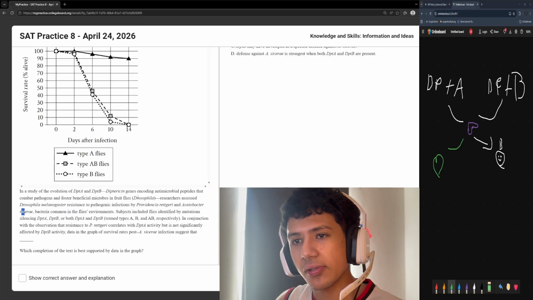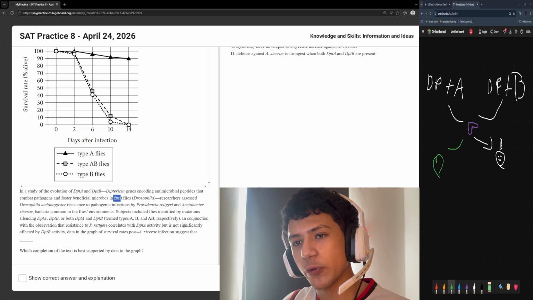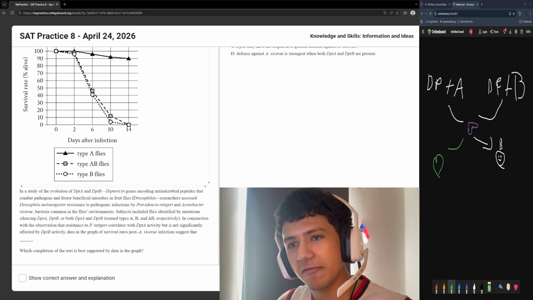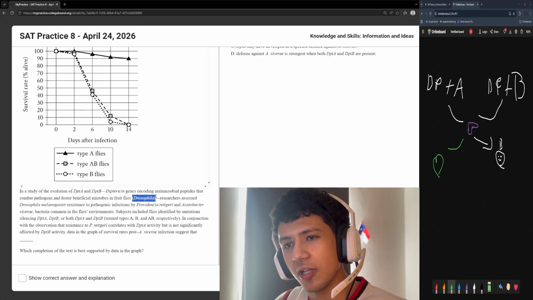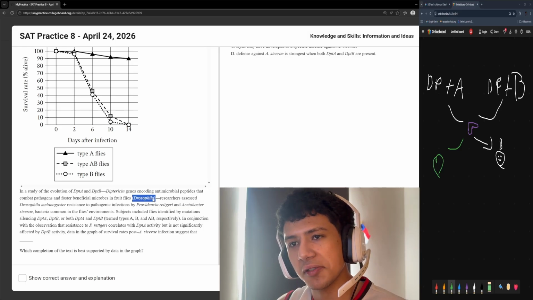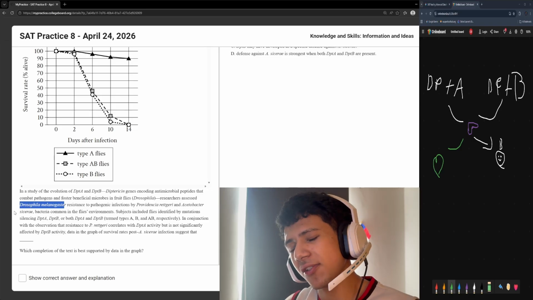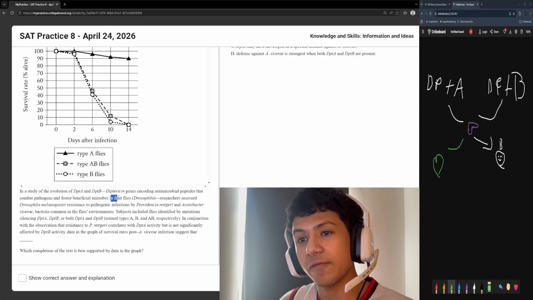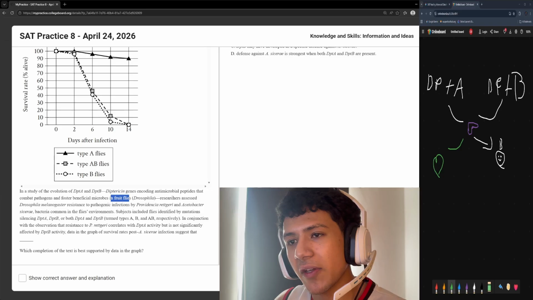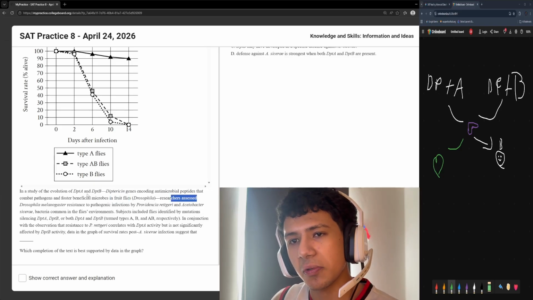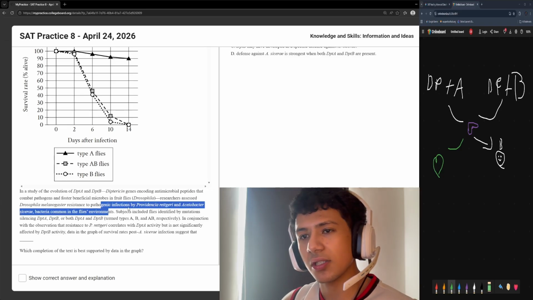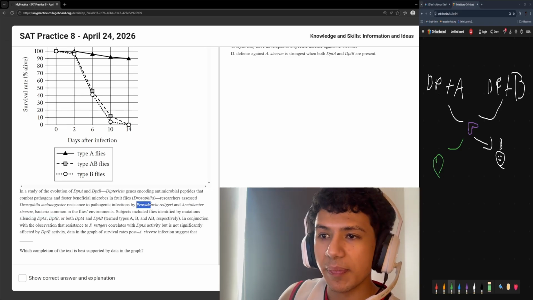By the way, I just realized, so when we mention fruit flies in here, right after that we have in parentheses Drosophila, the scientific name for the fruit flies. So this tells us that Drosophila melanogaster, or DM, is just the scientific name for fruit flies. And so it's saying that researchers assessed the resistance to bacteria or pathogenic infections by PR.